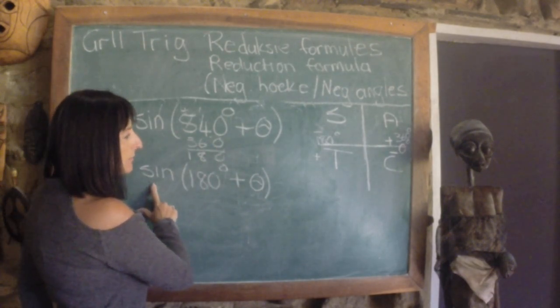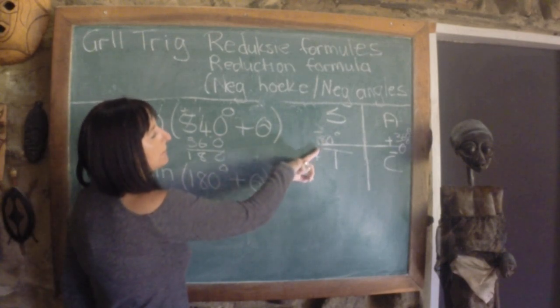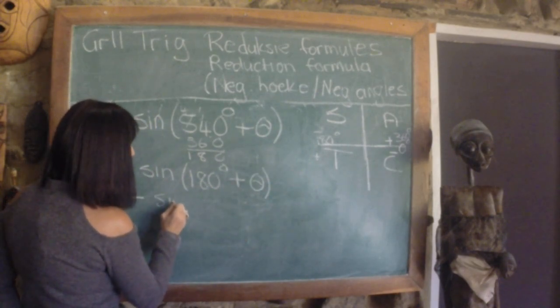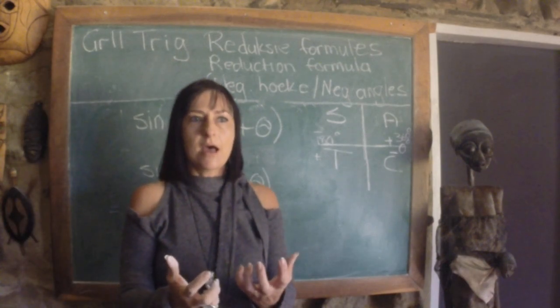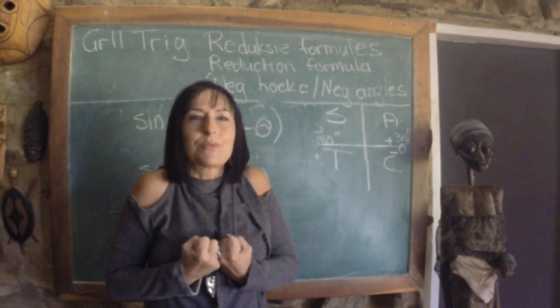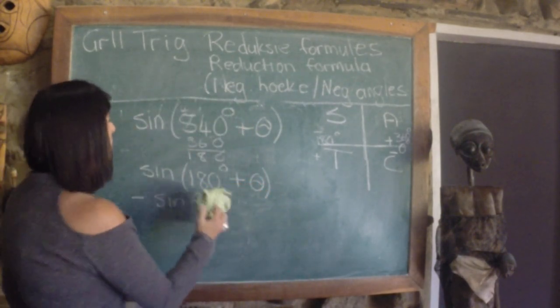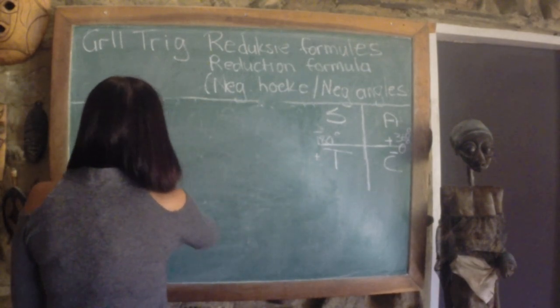So now I can apply my reduction formula. Sin van 180 plus theta is min sin van theta. Soos wat ek periodes kan uithaal, so kan ek ook periodes bytel. Net soveel soos wat ek wil, totdat ek by my reduksieformules uitkom wat ek ken.